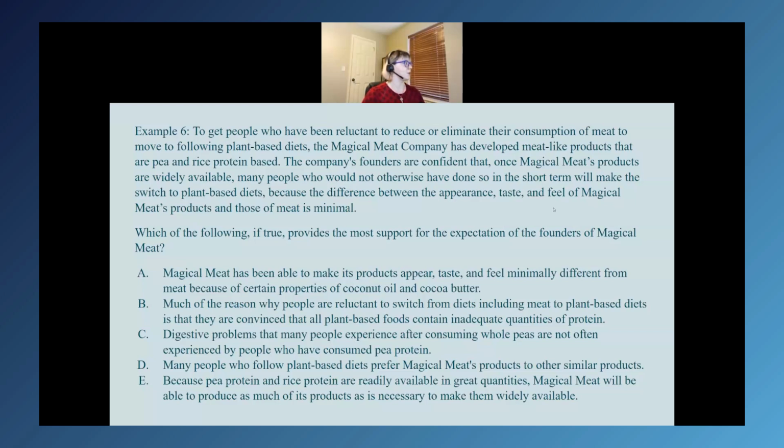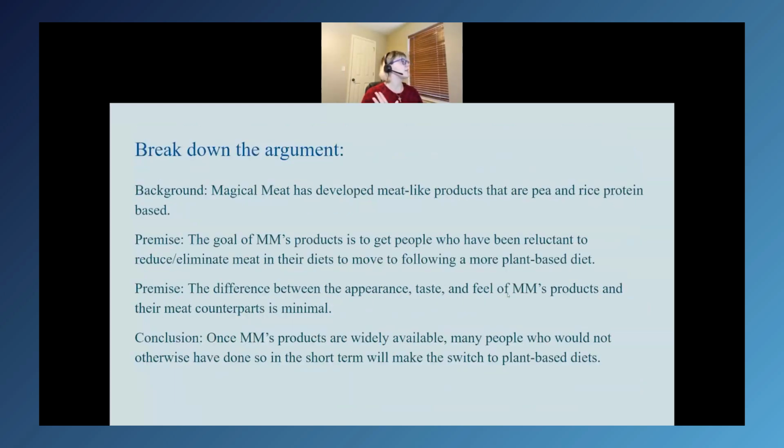Let's break this down. This question has one of my favorite things I like to point out. So, Magical Meat, they've developed these meat-like products that are built around pea and rice protein. The goal of the products is to get people who have been reluctant to reduce or eliminate meat in their diets to move to a more plant-based diet.